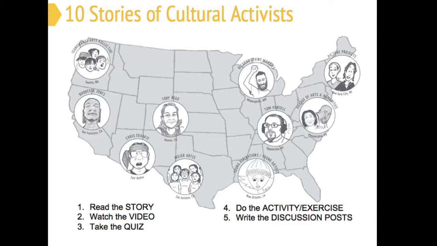First, you read the story, then you watch the video lecture that's associated with that story, and then you take a short quiz that tests your understanding of the material and your ability to translate it into use for your classroom. Then you do some field work, which will be some kind of exercise or learning activity related to the story, and you'll do those in your classroom.